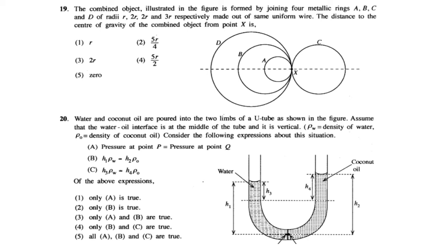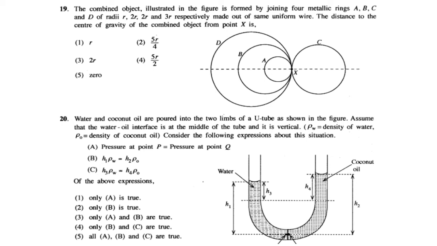So A is right. B. H1 rho W is equal to H2 rho O. Now we said that expression A is correct. So by equating the liquid pressure at the level PQ, we can write H1 rho W g equal to H2 rho O g. By that we can get H1 rho W equal to H2 rho O. B is right.